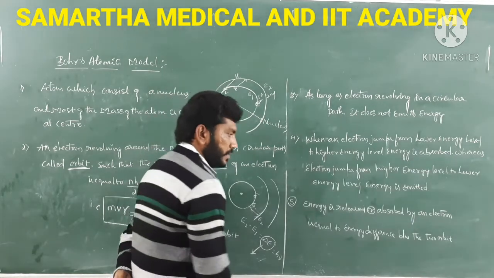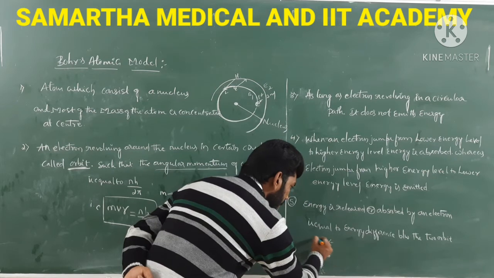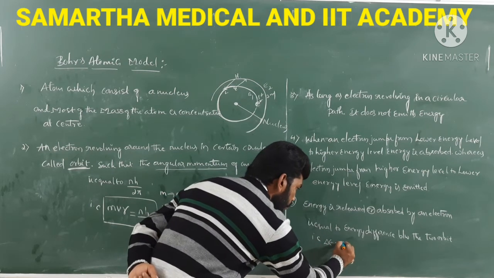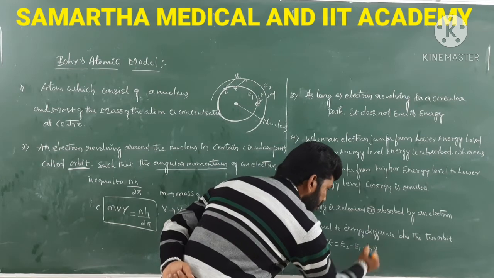Suppose you want to express this mathematically: delta E equals E2 minus E1, which is equal to h nu.